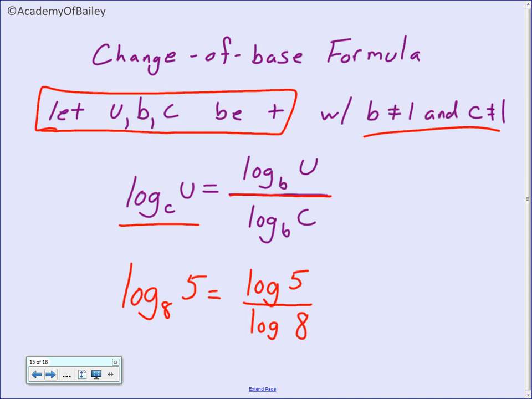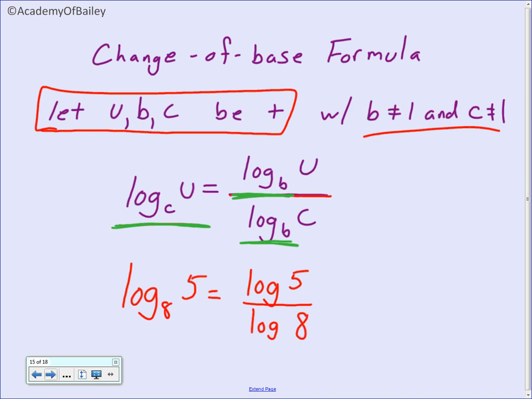Basically, we take what we started with, split it up, and have the log with the same base, and we can pick whatever that base is going to be. It's going to be easy if we make that base 10, because there we can quickly type it into the calculator and find an answer if we need to.